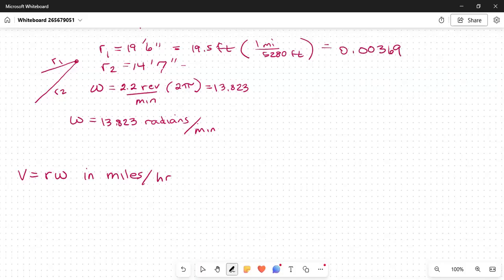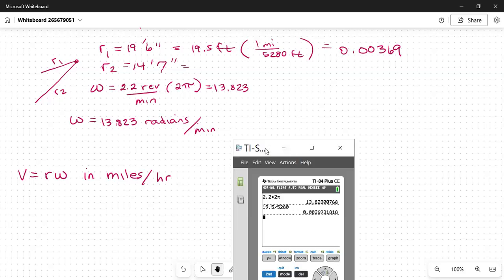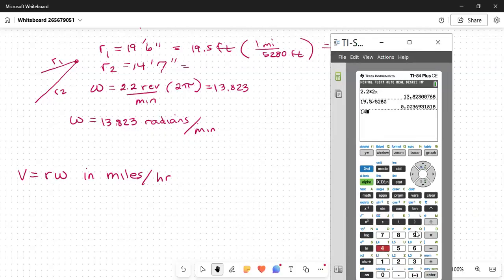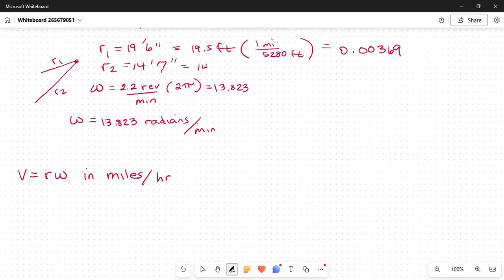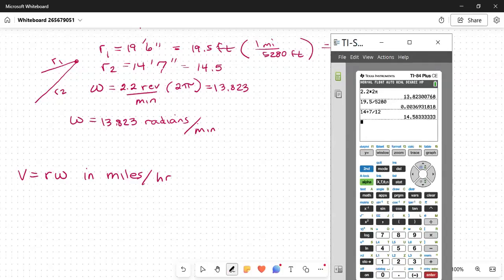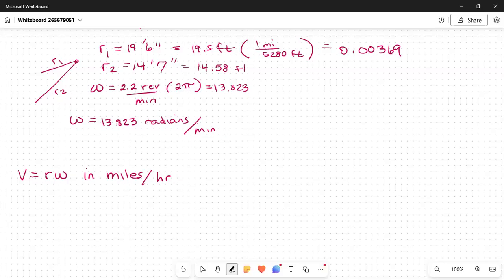And then for R2, we have 14 feet 7 inches. So 14 plus 7 divided by 12 is 14.58 feet. Multiply by 1 mile over 5,280 feet to cancel out feet.